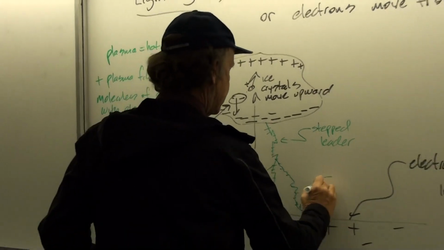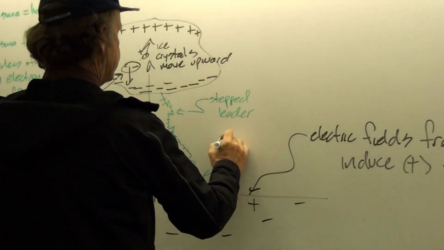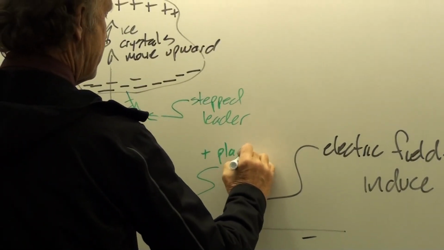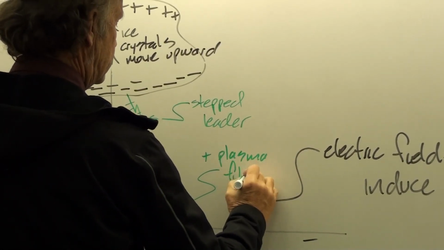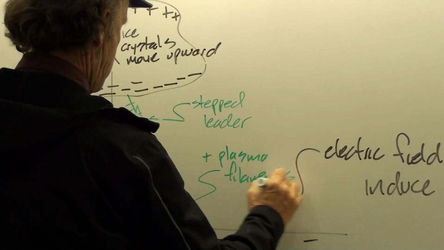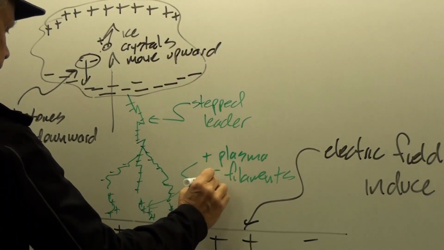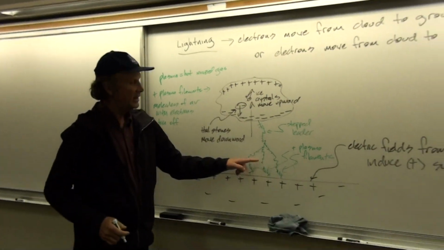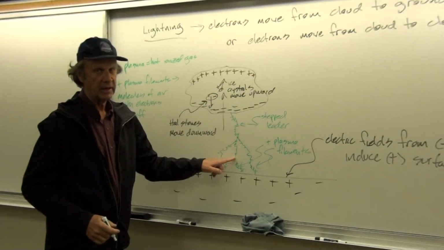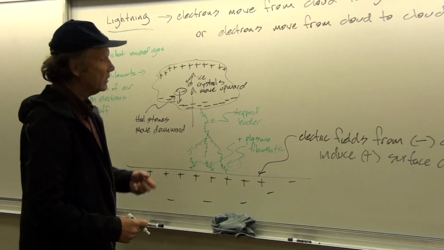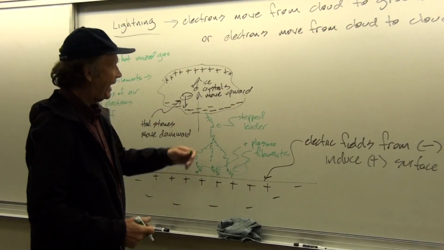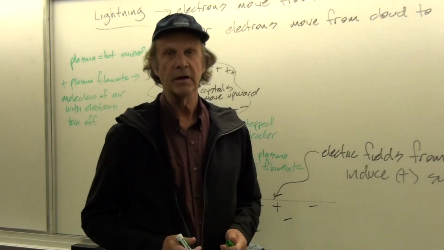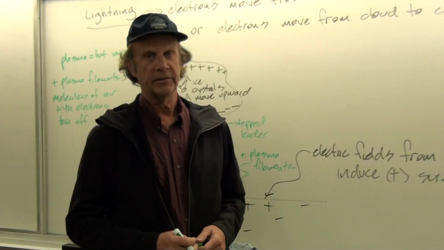And so these positive plasma filaments move up toward the stepped leader. And so they're trying to connect, because the moment that one of them connects, that will close the switch, as it were, and allow for something like a 30,000 ampere current to flow from the cloud to the ground.